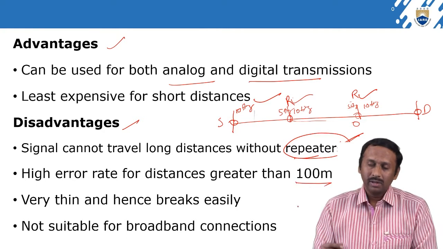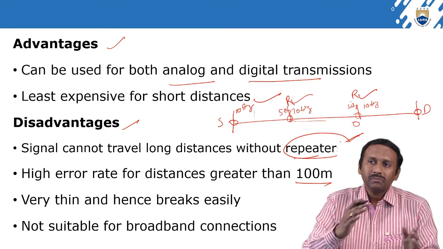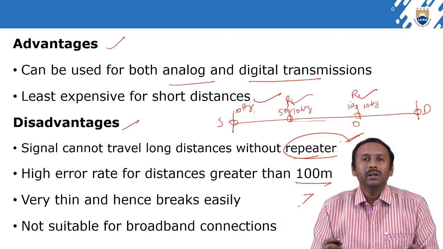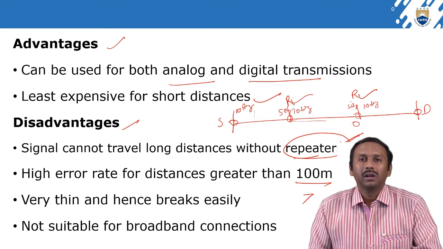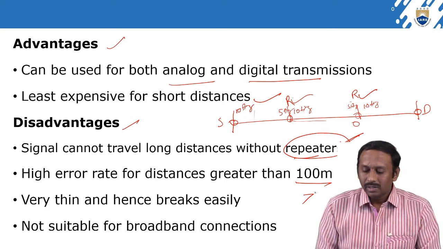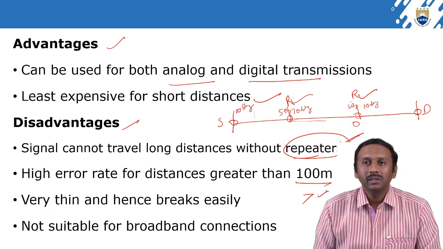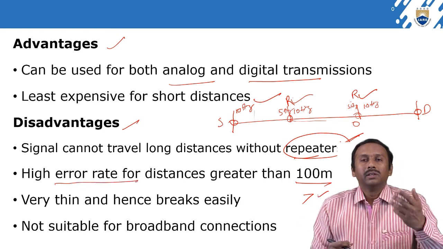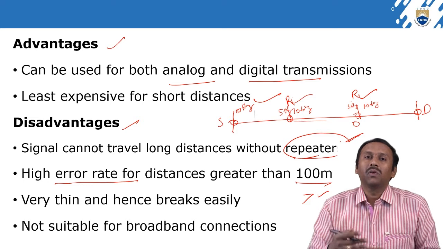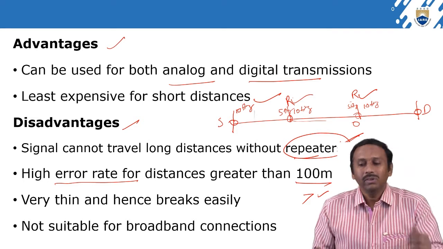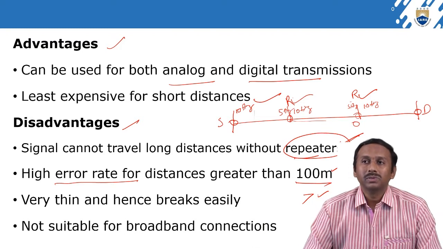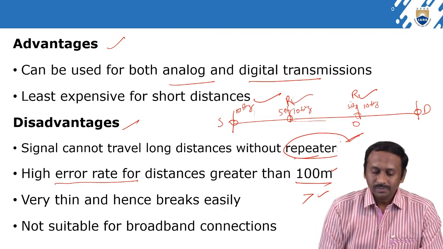When the signal is transferred more than 100 meters, it is automatically going to be lost. That's why, beyond 100 meters, the error rate is high. That means the number of lost signals or lost data packets is high when the distance is more than 100 meters, right?